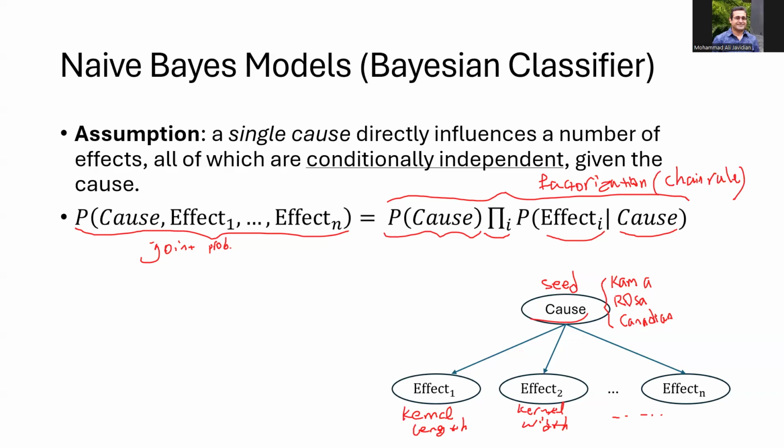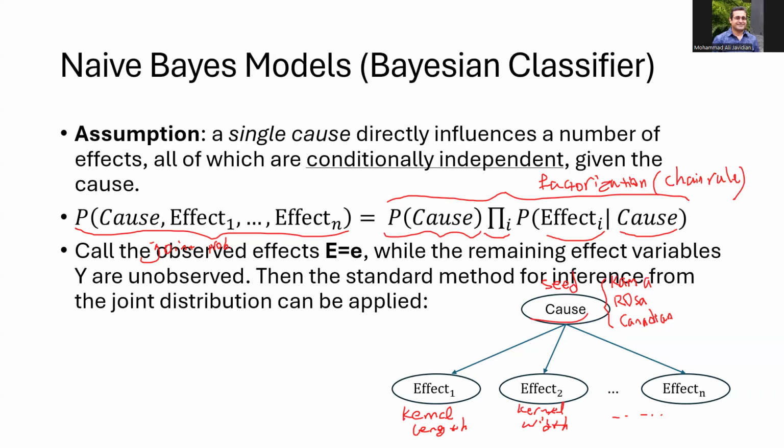How can we do that? The way that we do it is, let's assume that we have a set of evidence. For example, assume that we know the kernel length and we know the kernel width of the different seeds.